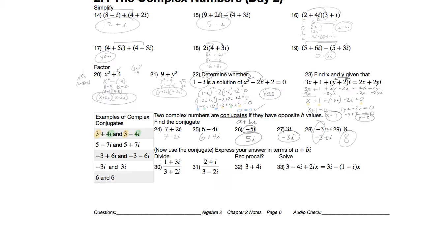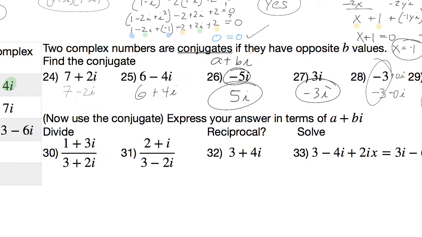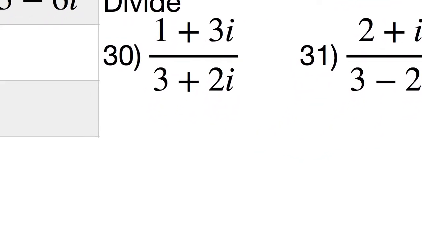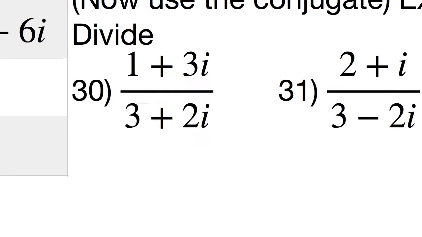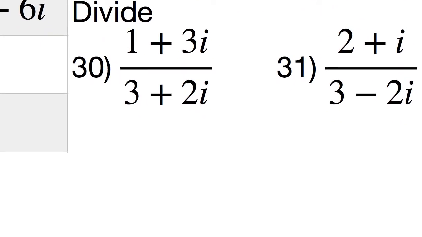So now we're going to use the conjugate. If we want to divide these two numbers together, it's going to be kind of difficult to divide, but what we can do is multiply by the conjugate, 3 minus 2i. The conjugate is a way of getting the square root of negative 1, or i, out of the denominator.